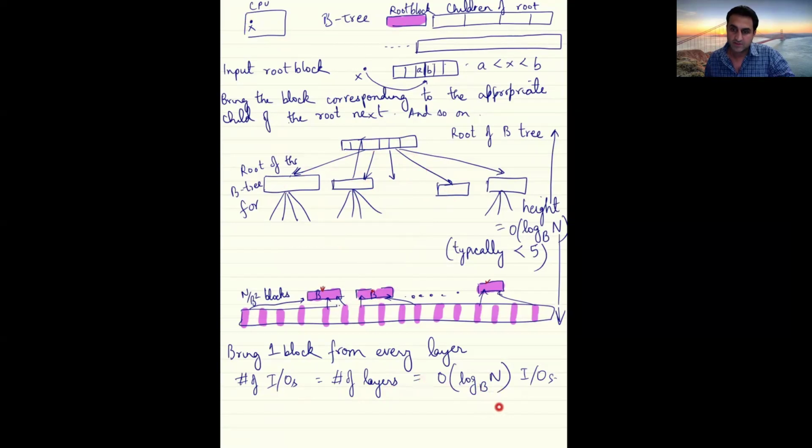And the number of layers is log base B of n, so that's my searching cost in IOs. Does this make sense? Any questions? So B tree search takes log base B of n IOs.